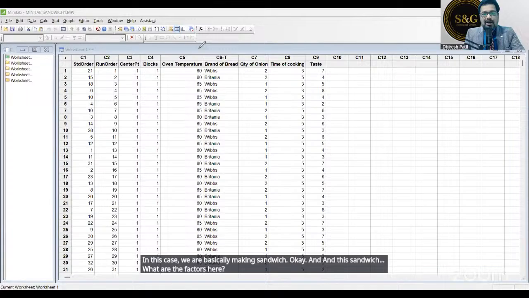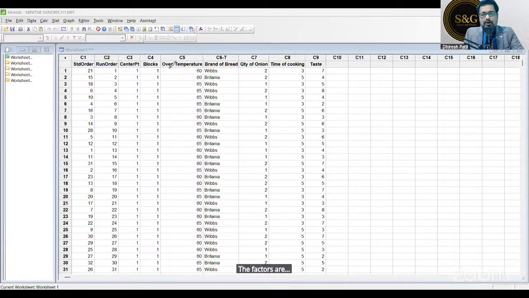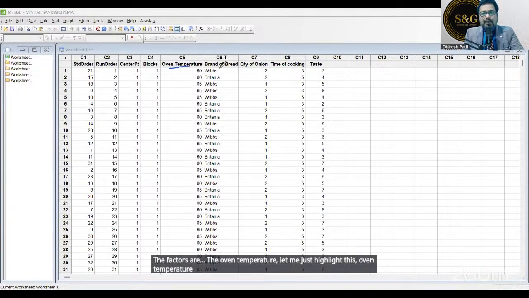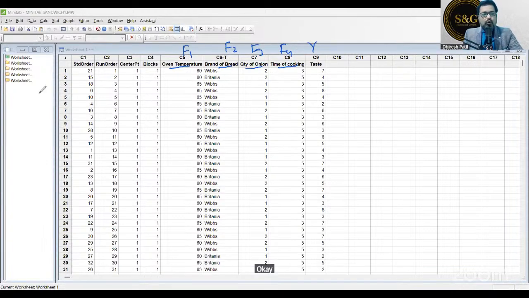The factors are the oven temperature, the brand of bread, quantity of onion, and time of cooking. These are the four factors, F1, F2, F3, and F4, and the taste of the sandwich is our Y. Now, how do you do the analysis of it?